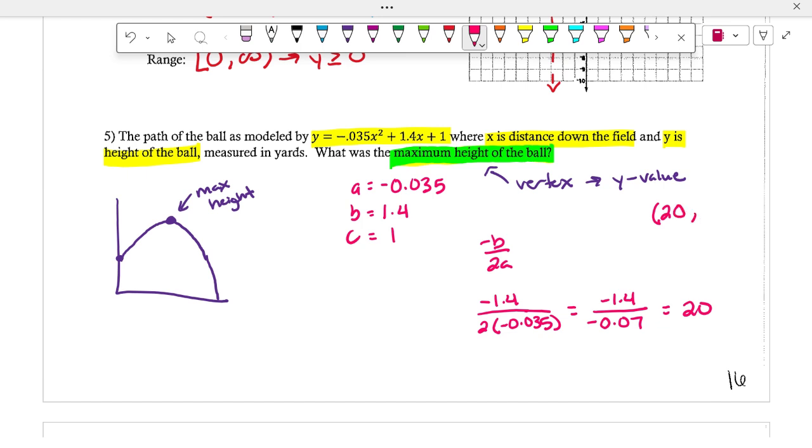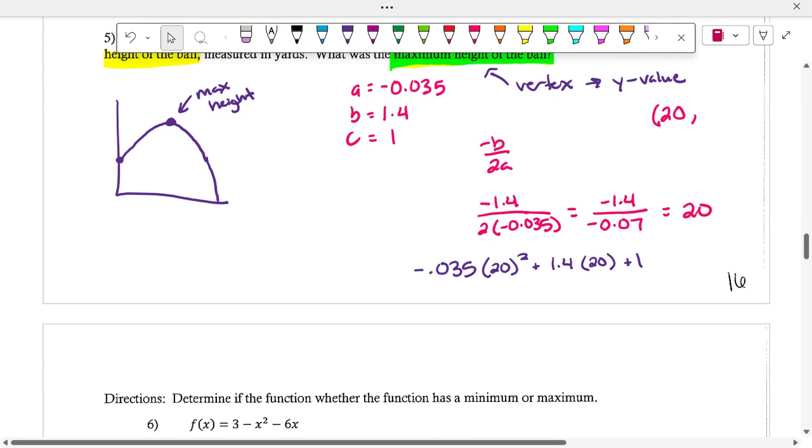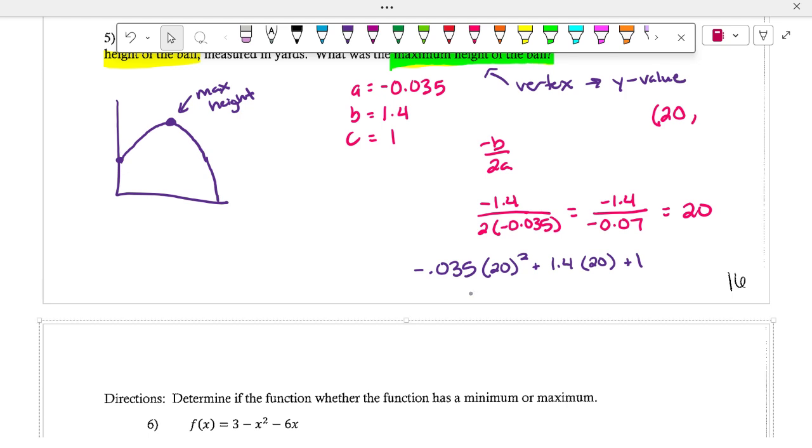Now I got to take that 20, plug it back into the original function. So I have negative 0.035 times 20 squared plus 1.4 times 20 plus 1. So 20 squared is 400. What's 400 times negative 0.035? You get negative 14.